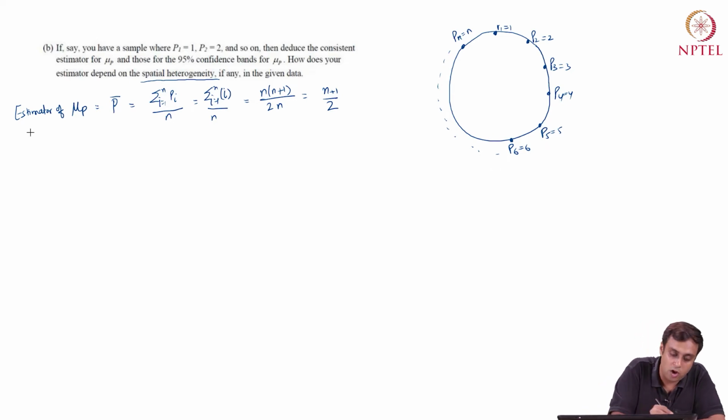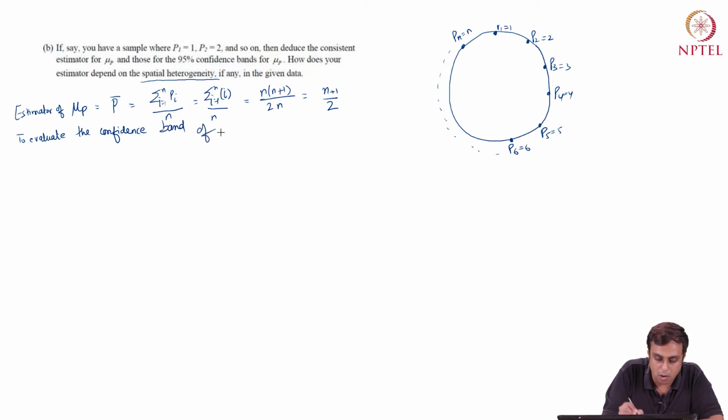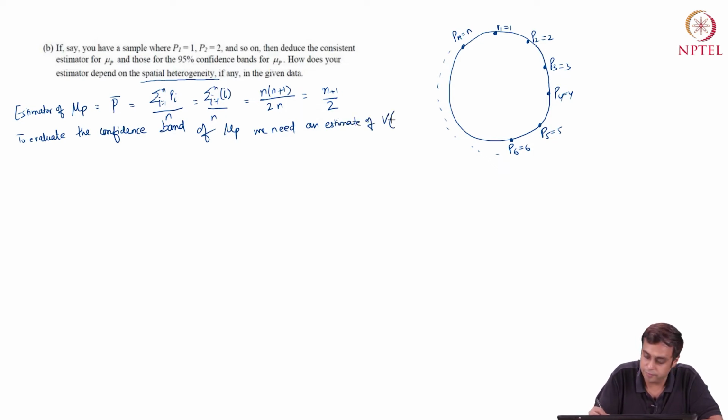So to evaluate the confidence band of mu p, we need an estimate of the variance of p bar.